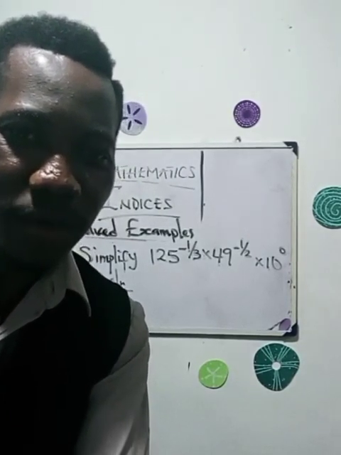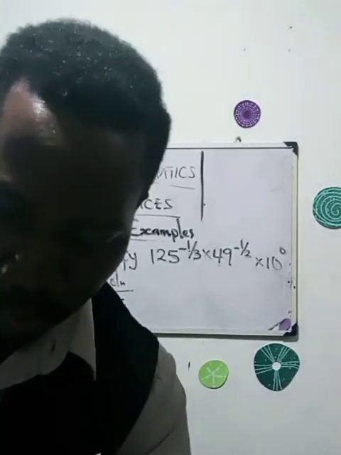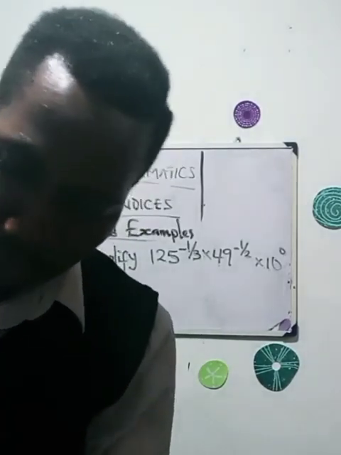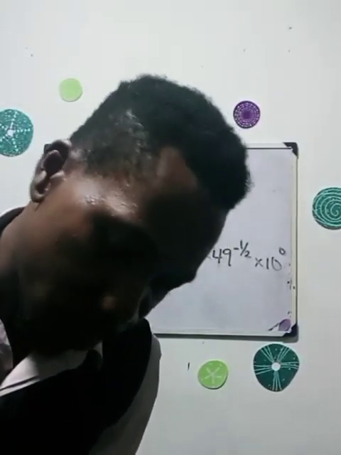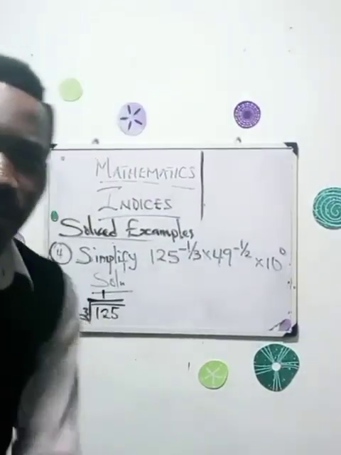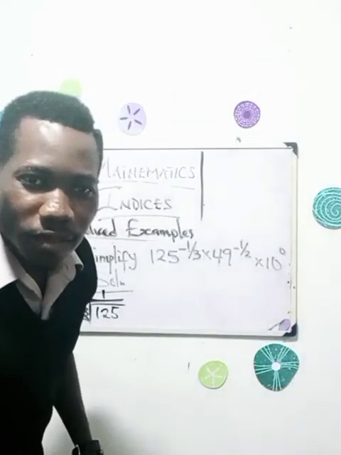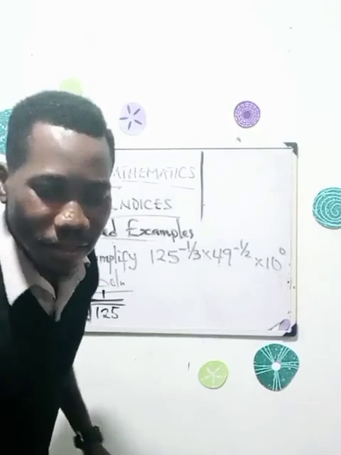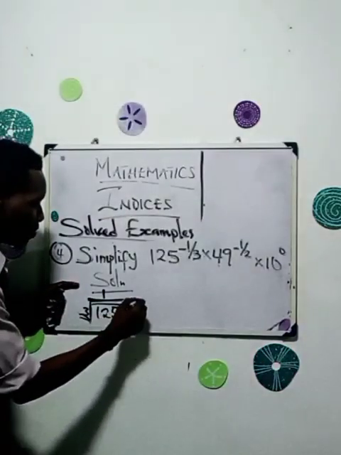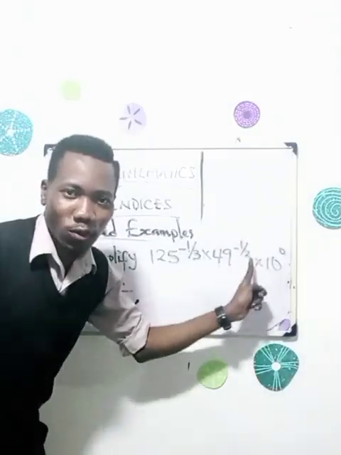1 over the square root of 49. Square root of 49 is 7. So we have times 49 raised to the power of minus 1 over 2.